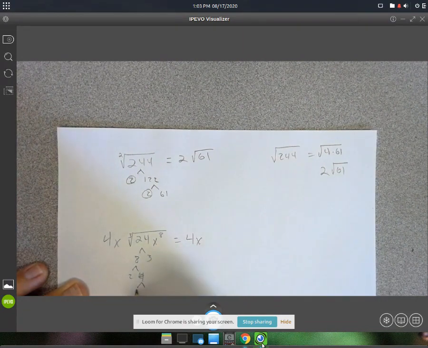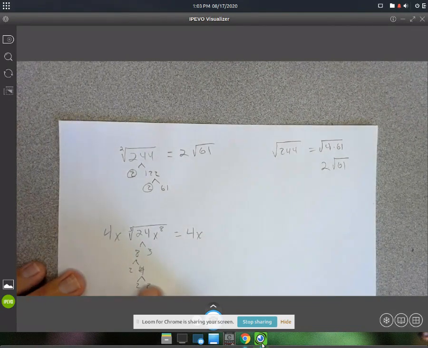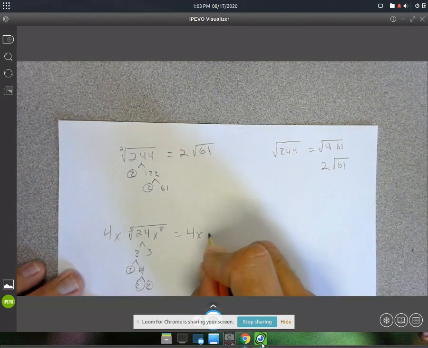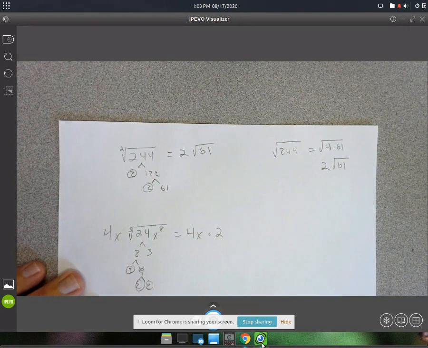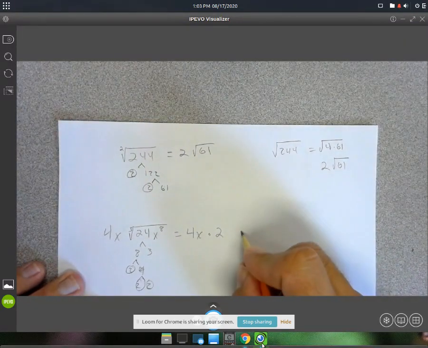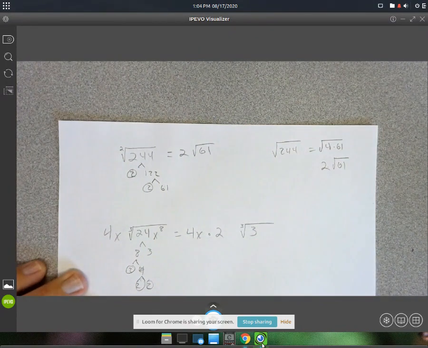And then 4 is a 2 times 2. All right. So I've got 3 2's here. Those 3 will come out of the radical as 1, 2. All right. That 3 is going to be staying on the inside. I'm dealing with a cubed root here.